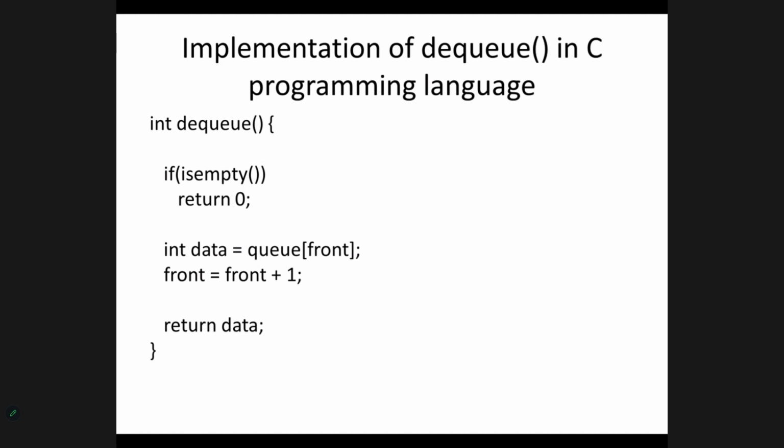With return data, it outputs the data, so the item is removed as well as returned. That data maybe can be used for some other purposes. So this is the implementation of the DQ operation using the C programming language.